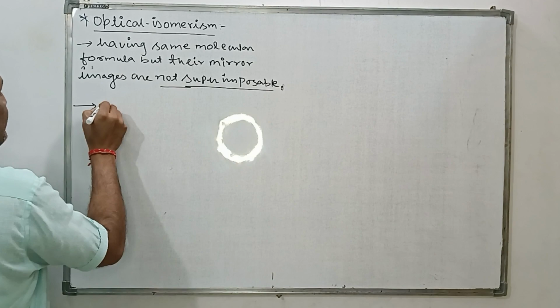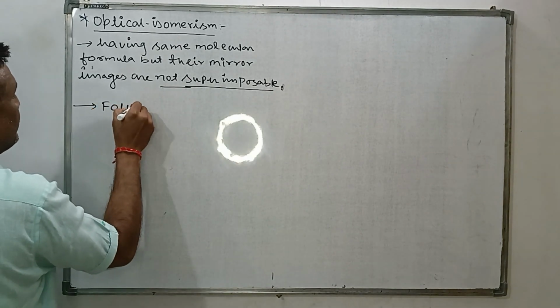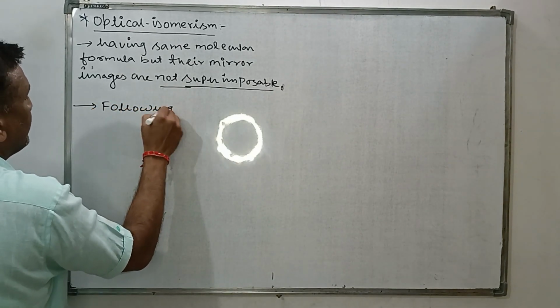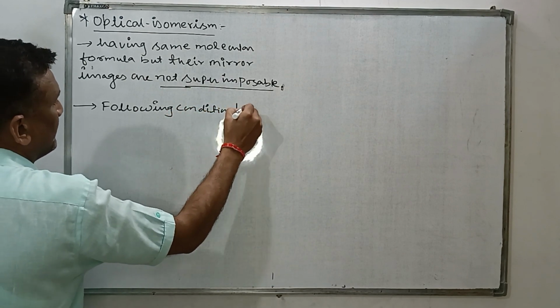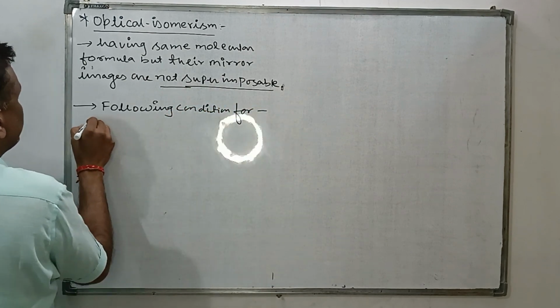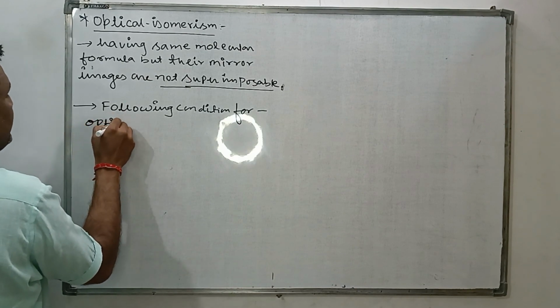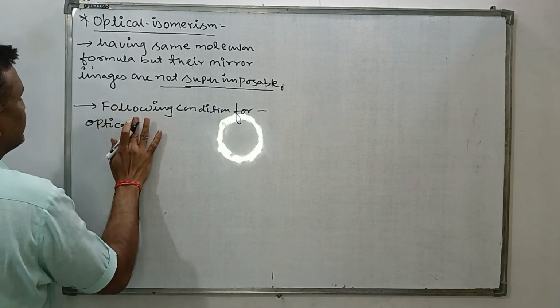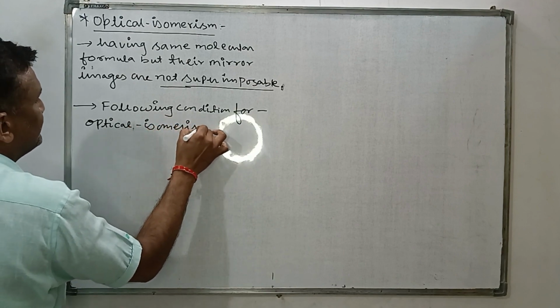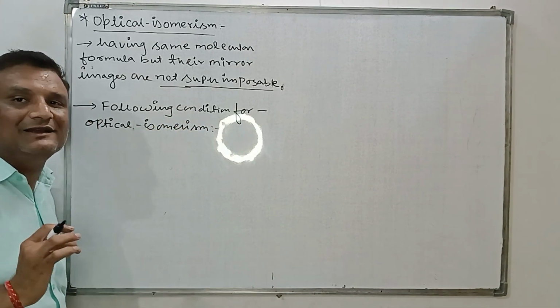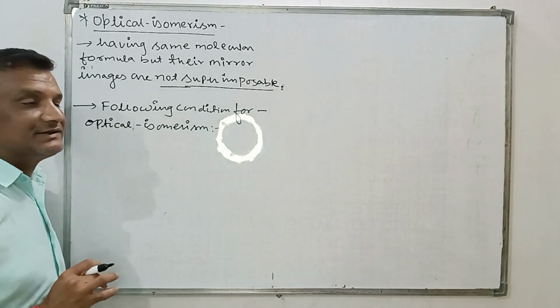There are the following conditions for optical isomerism. What particular conditions are required, we will discuss.